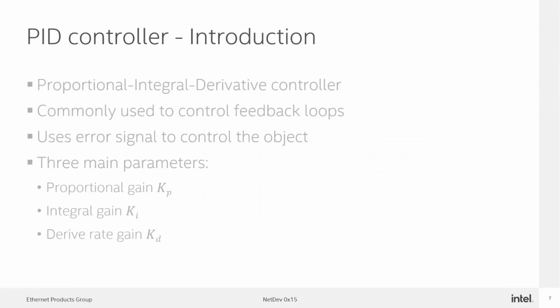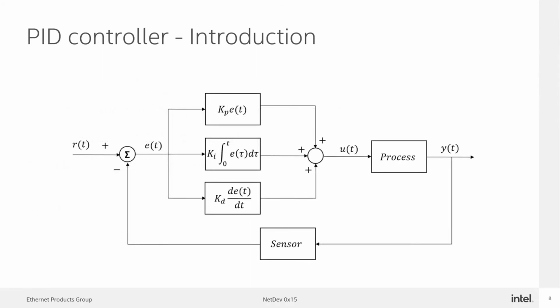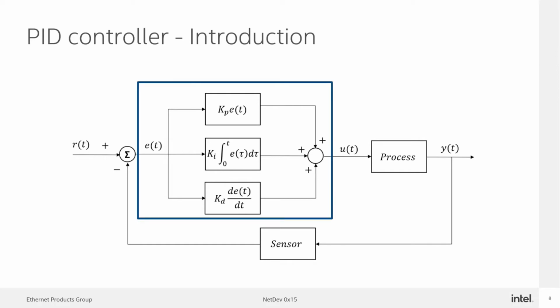And now we can take a look at the PID block diagram. On this slide, we can see not only a PID controller, but a whole control system. Such a system usually consists of a controller, which, as I previously explained, is a combination of three basic building blocks: the proportional, placed at the top, the integral, located in the middle, and the differentiator, the bottom one.